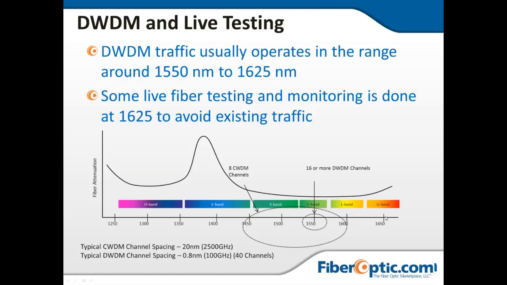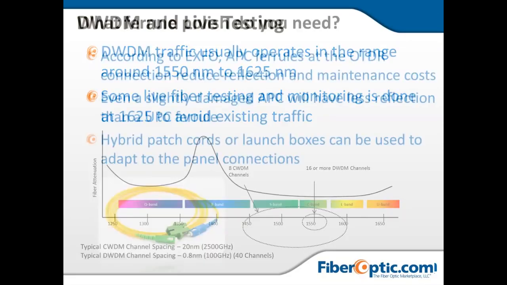So if you're looking to do 16 terabits and you're trying to get all that bandwidth on one single fiber, you've got to be able to get up to those 40 channels with very, very tight spacing and very, very high bandwidths. The crosstalk and some of the other potential hazards are all things that need to be considered when you're putting that kind of traffic on there.